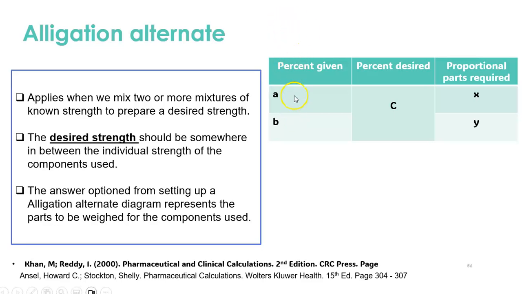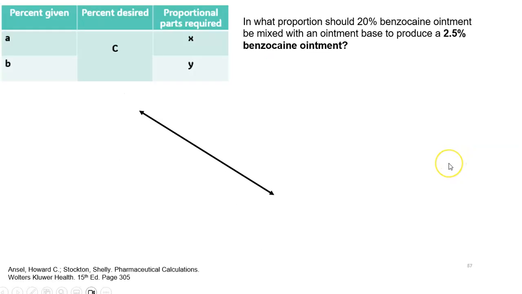There's the percentage of what's given on your left. A and B is what's given. C in the middle is what you desire. And the proportional parts, the ratio in which they're to be mixed, is given as X and Y. That's what you need to solve to do your calculation.